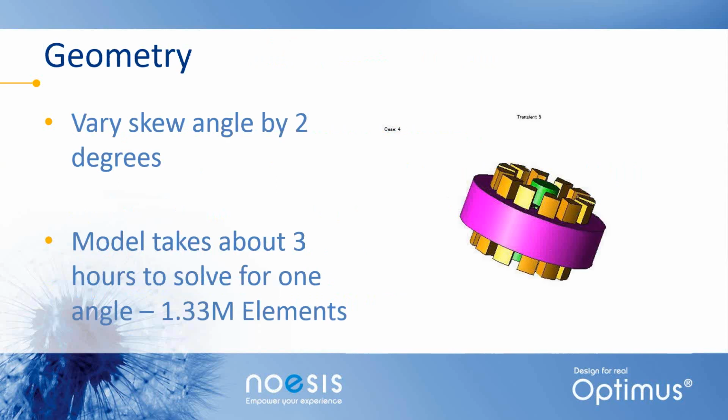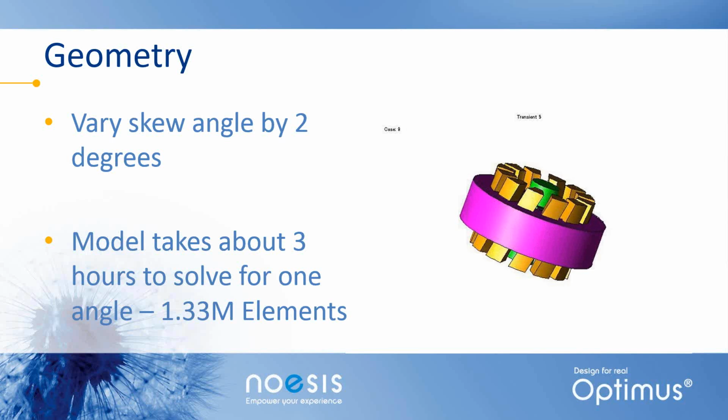David was talking about how we wanted to vary the skew angle on this SPM by about 2 degrees. What we found was that the initial model took about 3 hours to solve for each increment. This, of course, is because there were about 1.3 million elements, so this was quite a refined JMAG model.